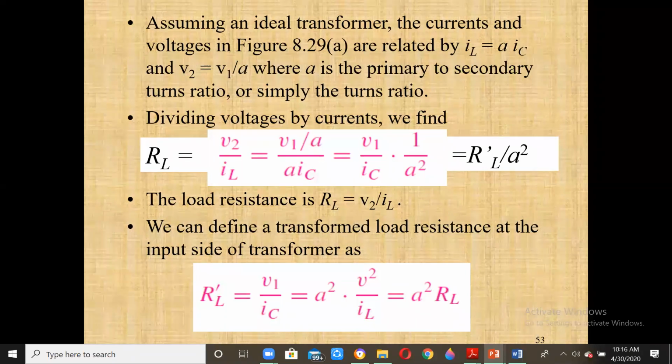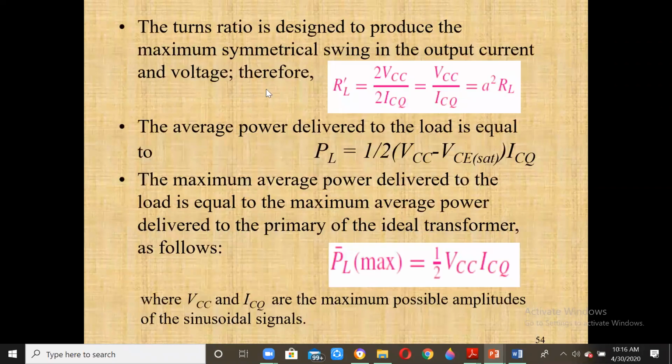If A is equal to 5, then A squared is 25, so 25 times RL will be the reflected, transformed resistance on the input side.